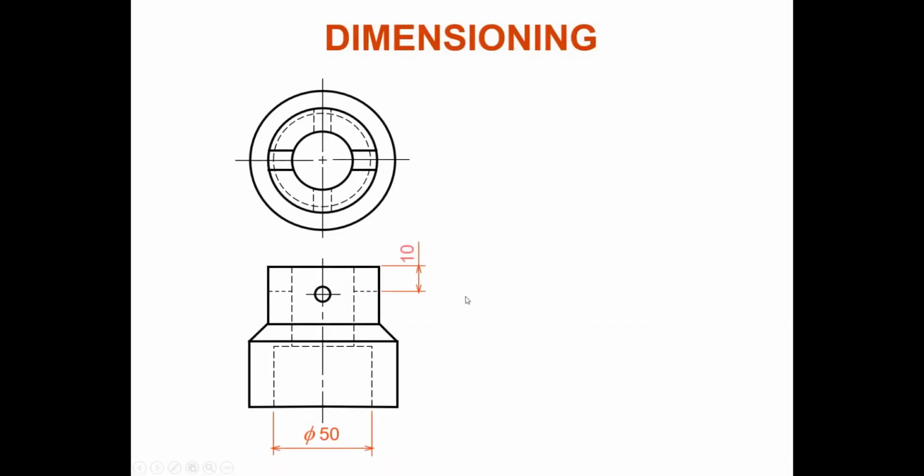Okay, this dimensioning is poor. There's another example on the left, which is also poor because we don't use any section view. On the front view we have hidden lines, then we add the diameter 50 dimension, and for example this one, 10. In dimensioning we try to avoid dimensioning hidden lines if possible.